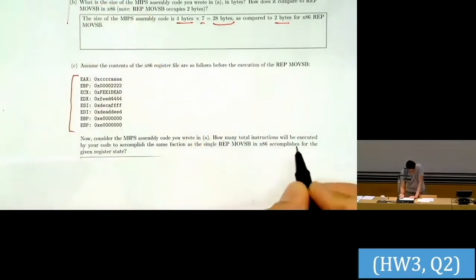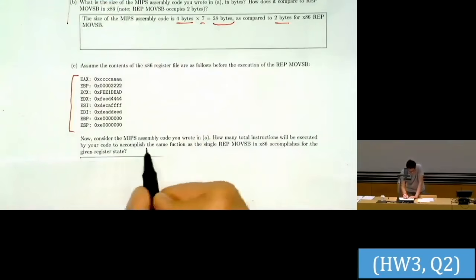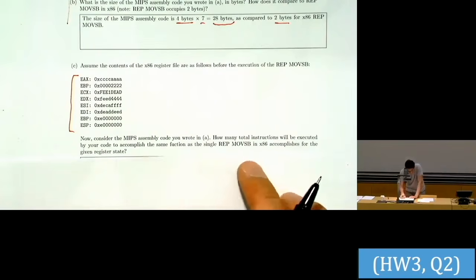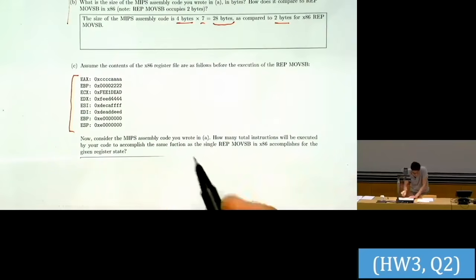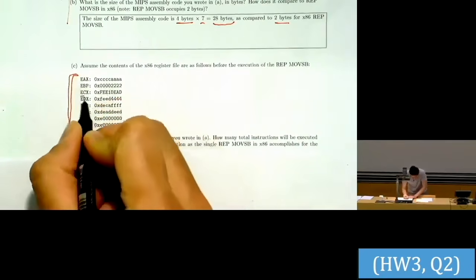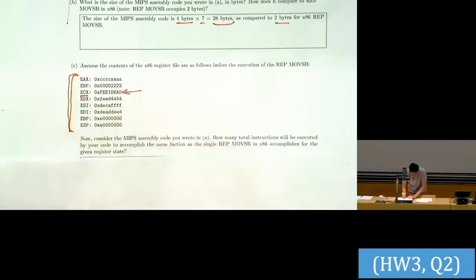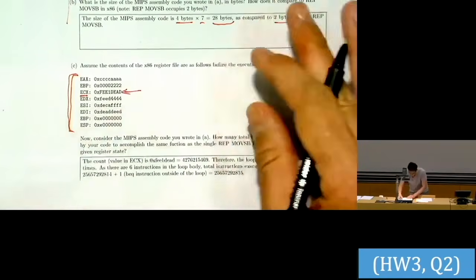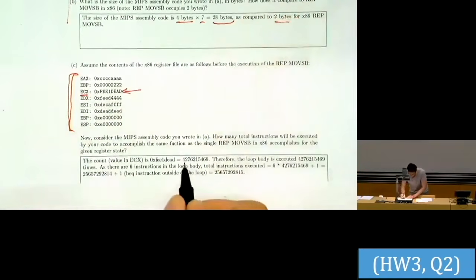How many total instructions will be executed by your code to accomplish the same function as the single rep movsb in x86 accomplishes for the given register state? The given register state is this one here, and as you can see, this register ECX has this value. This is hexadecimal representation, but if we convert it to decimal representation, it is this number here.